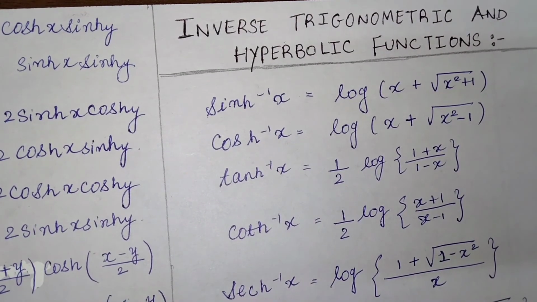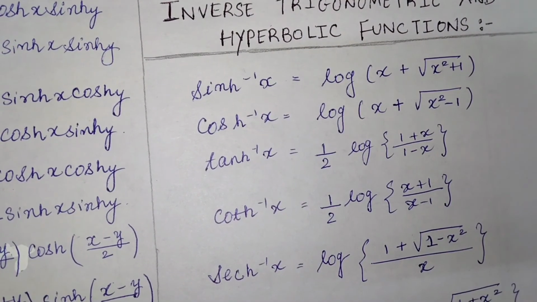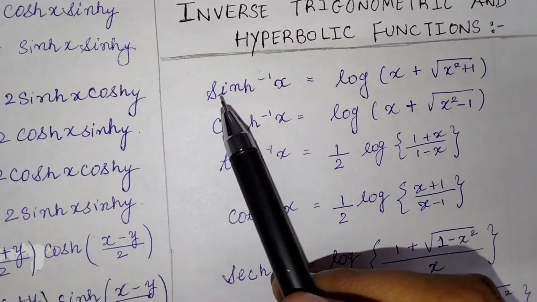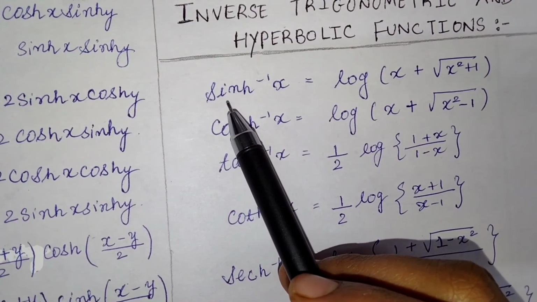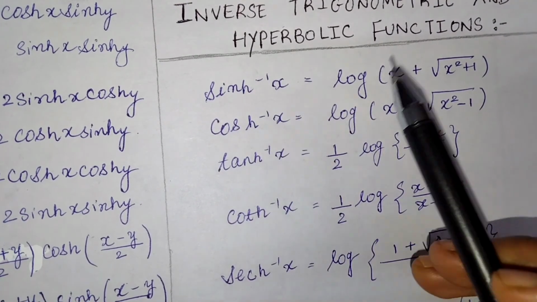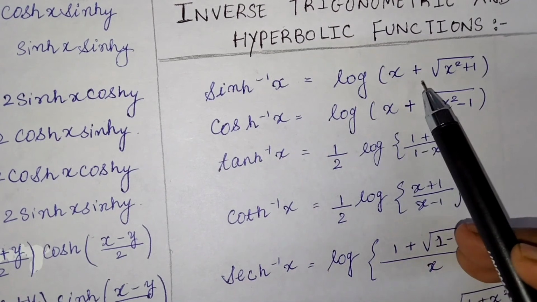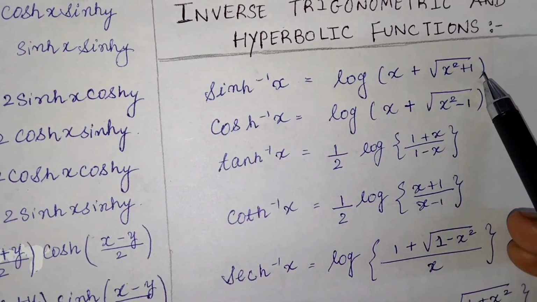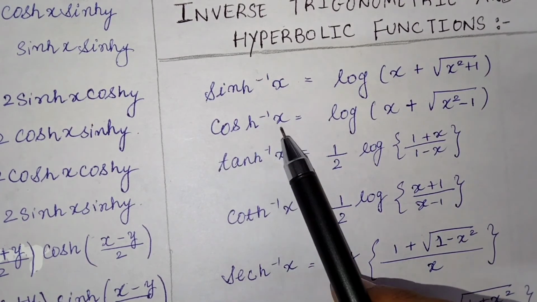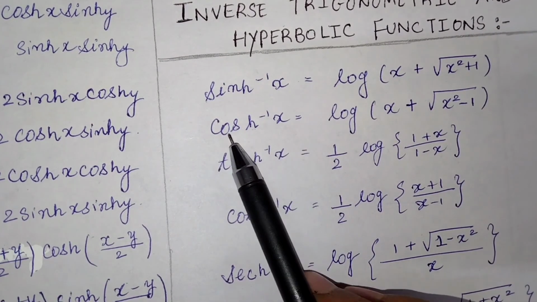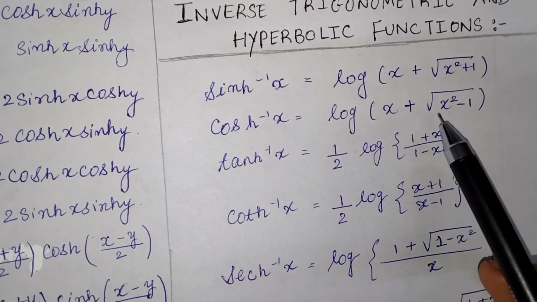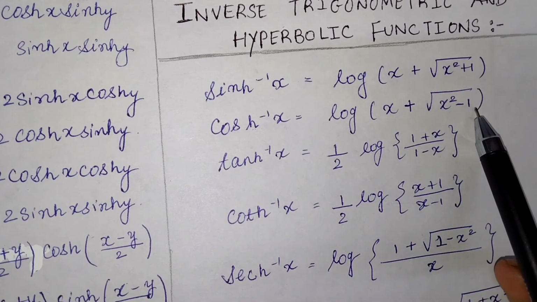Here also you directly have to remember these formulas. So the first one is, whenever you get sin h inverse x, then in place of this term, you can directly write log of x plus under root x square plus 1. And if you get cos h inverse x in the example, then you can directly write log of x plus under root x square minus 1.